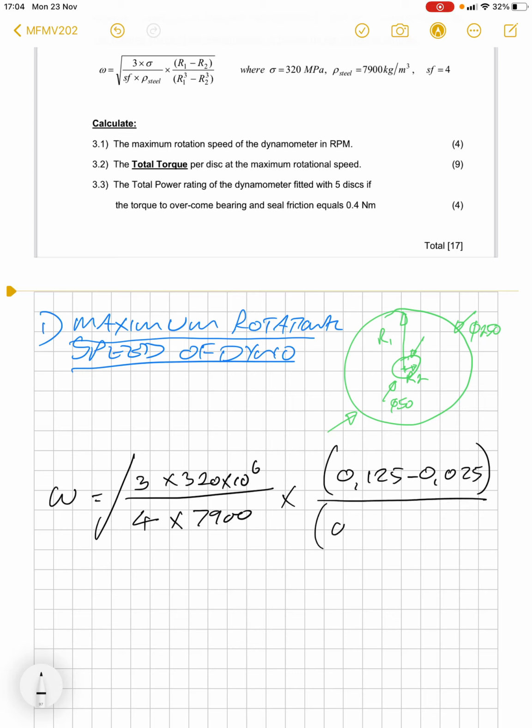We divide that by 0,125 cubed minus 0,025 cubed. That is all square rooted.